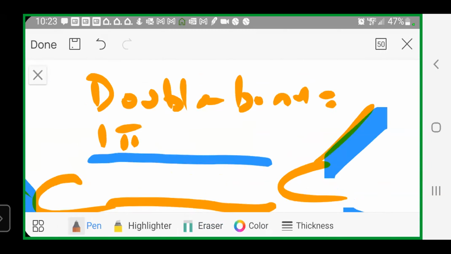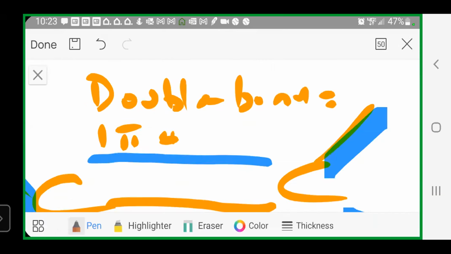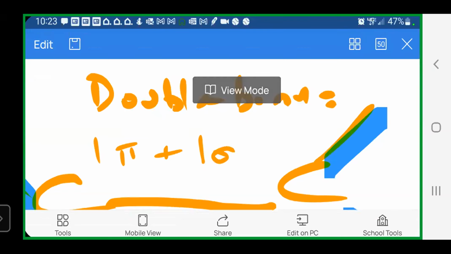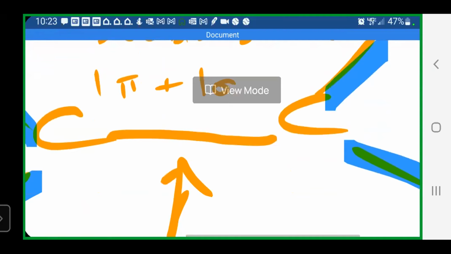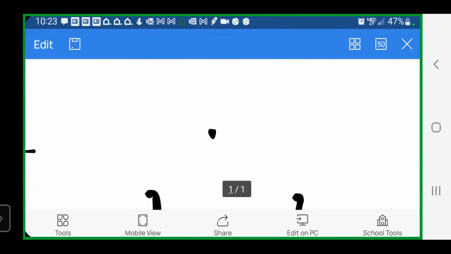1 pi plus 1 sigma. That's how you make double bonds, right? So let me go back to the Paxlovid that we were looking at.